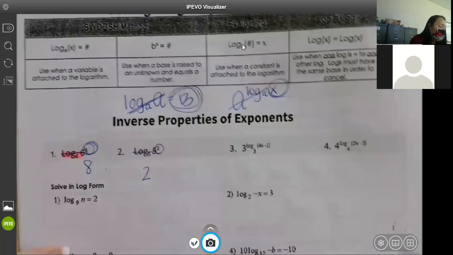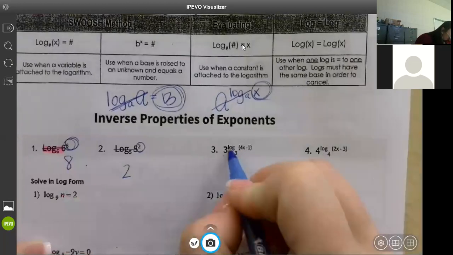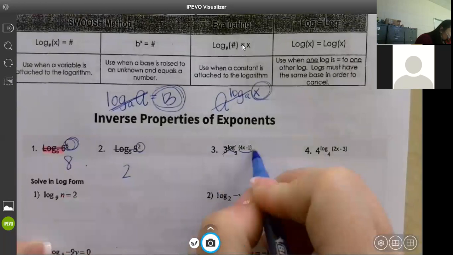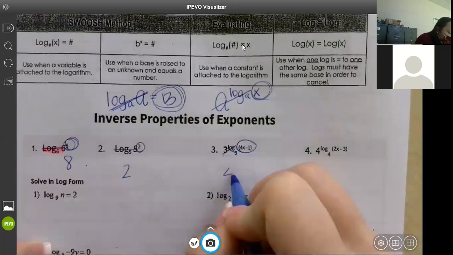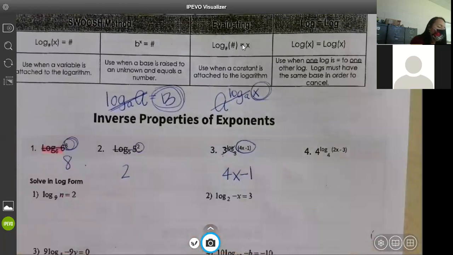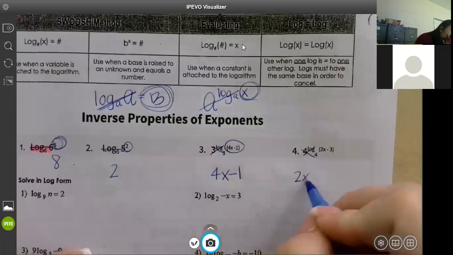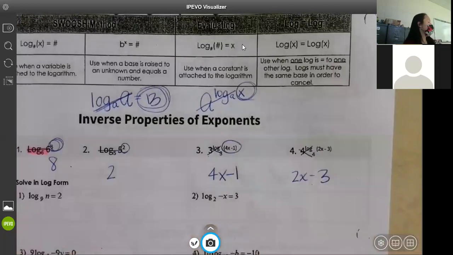Or if you have 3 to the log base 3, all of that will cancel out and leave you with what's left over there. Then you just write it down. Same thing on the next one. 4 to the log base 4 cancels out and leaves us with 2x minus 3. Okay. Any questions on that?